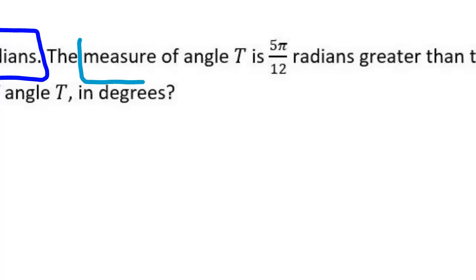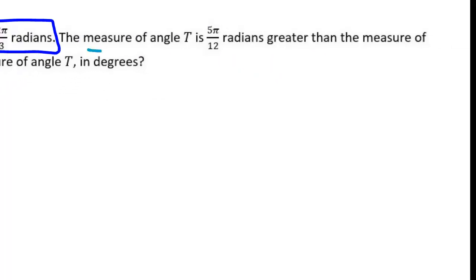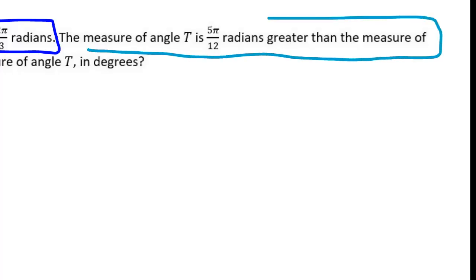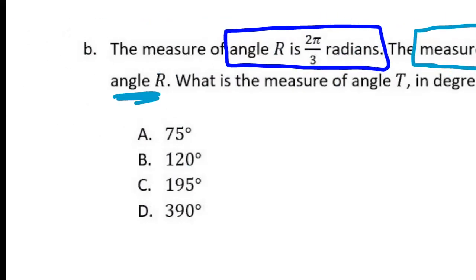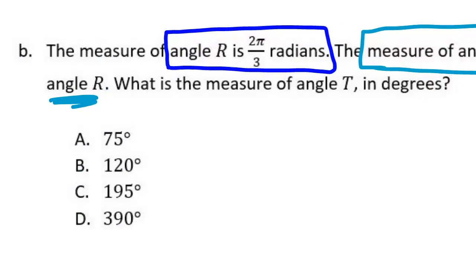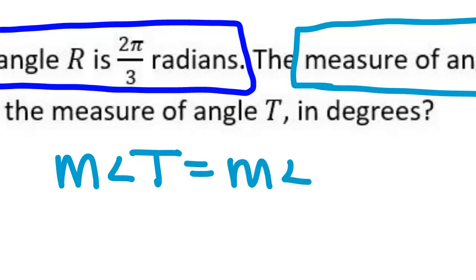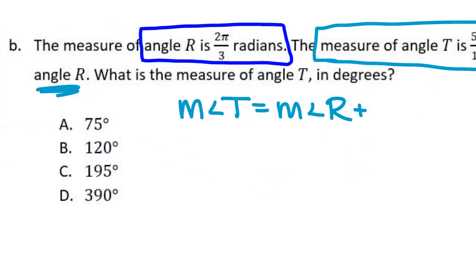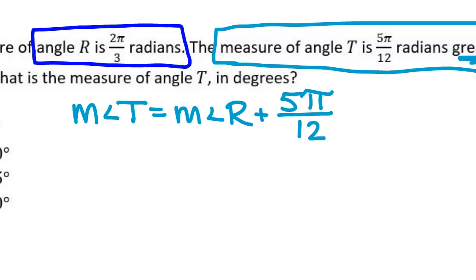The measure of angle T is 5 pi over 12 radians greater than the measure of angle R. If it says greater than, what operation are we going to be doing? Addition. So the measurement of angle T equals the measurement of angle R plus 5 pi over 12.